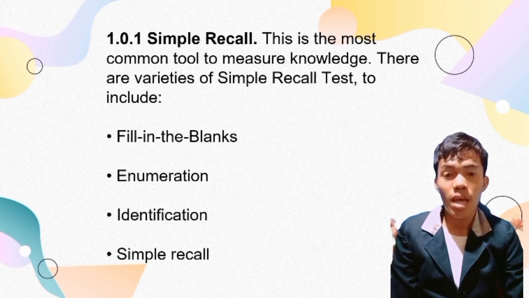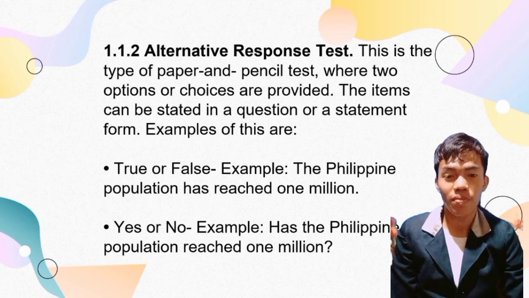Students need to list items or elements related to the given topic. The next is identification. Students must correctly identify specific objects, concepts, or terms. And the last one is simple recall. This form assesses students' ability to recall information without extensive analysis or interpretation.